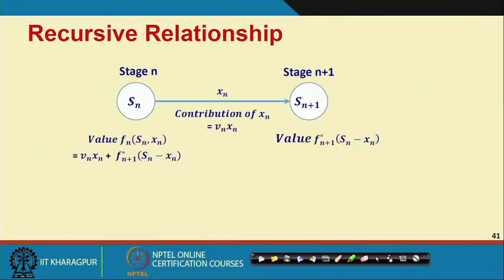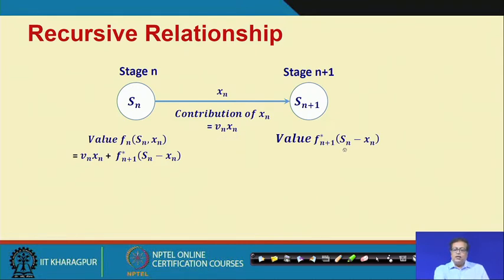The recursive relationship now at this stage. We have drawn the recursive relationship for such problems in general in the beginning, but here we are writing it in a very specific manner. At stage n the value is f n (s n, x n), that is the function, and at stage n plus 1 the state is s n minus x n, because x n is the money that is invested, that is the decision, and its contribution is v n of x n.